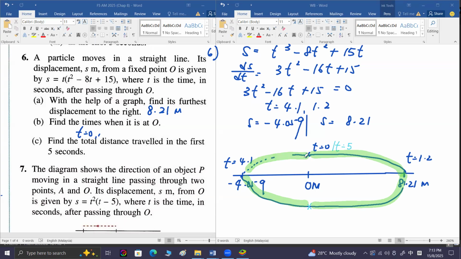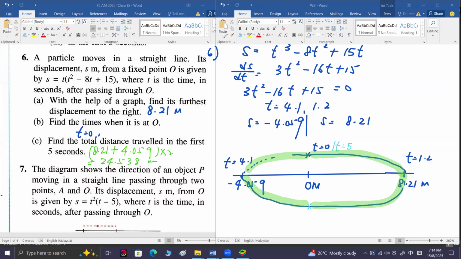Until here, because t is 5, the ending point. So class, for section C, we got the answer already: 8.21 and 4.059, you times 2, here and here. I got 24.538 meters.